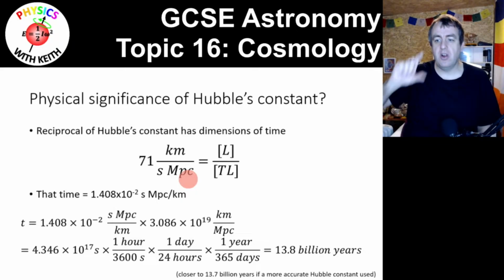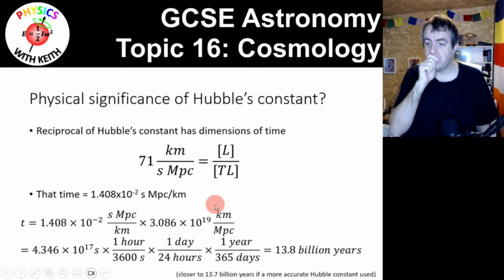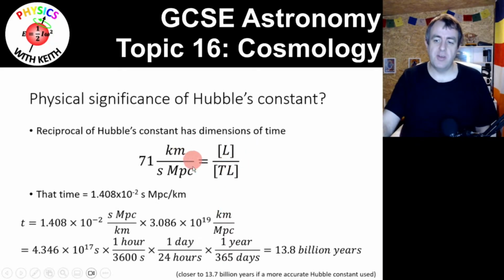So the reciprocal of this unit would be a time. It wouldn't be in seconds, because we've got kilometres here and megaparsecs there, but we could convert it. So the reciprocal of 71 kilometres per second per megaparsec is 1.408 times 10 to the negative 2 seconds megaparsecs per kilometre.